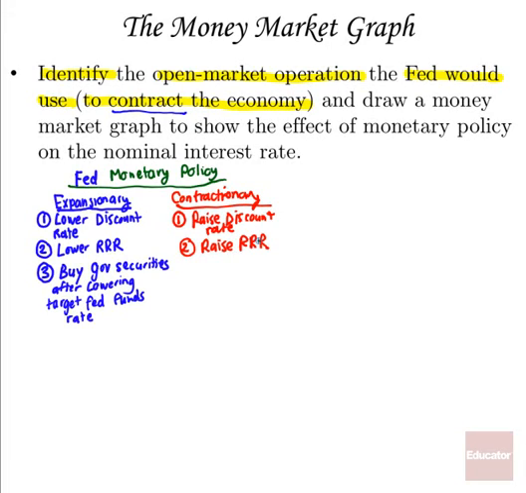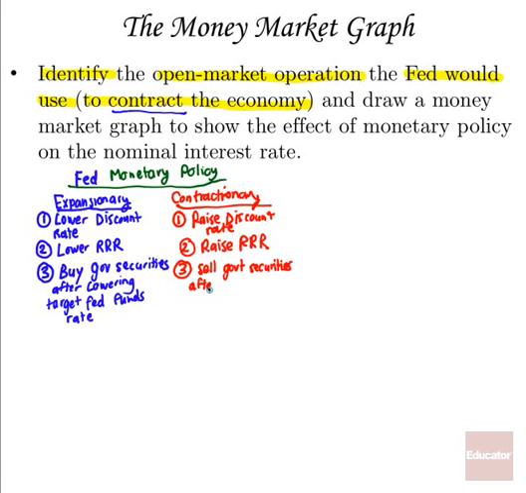So if the required reserve ratio went from 10% to 90%, then instead of banks being able to lend out $900 for every $1,000 that they have, they'd only be able to lend out $100. And so there'd be a contracting of the money supply. Or, and this is the open market operations here, they could sell government securities.